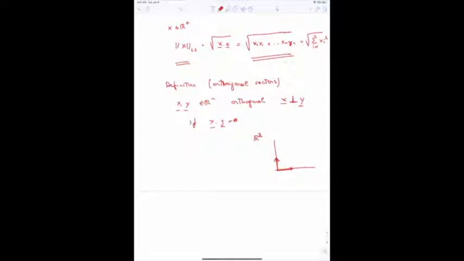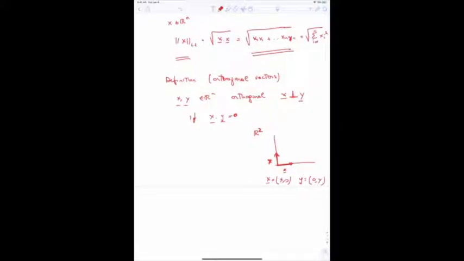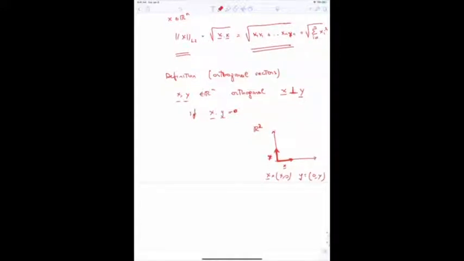If you take the dot product of these two vectors, let's call this one x and this one y. Well, x has coordinates x, 0 and y has coordinates 0, y. If you take the dot product, this is going to be equal to 0. And indeed, these are two orthogonal vectors according to the usual definition of orthogonality that you have seen in geometry, probably in high school.